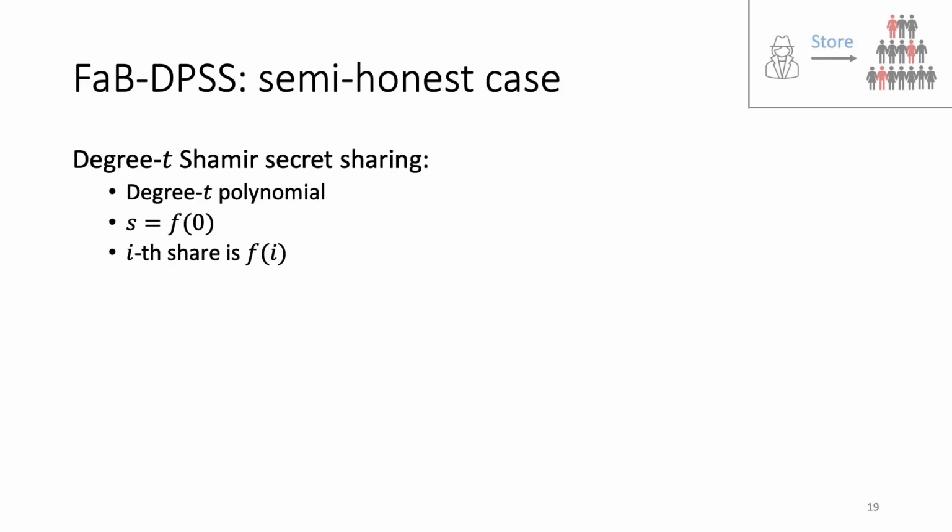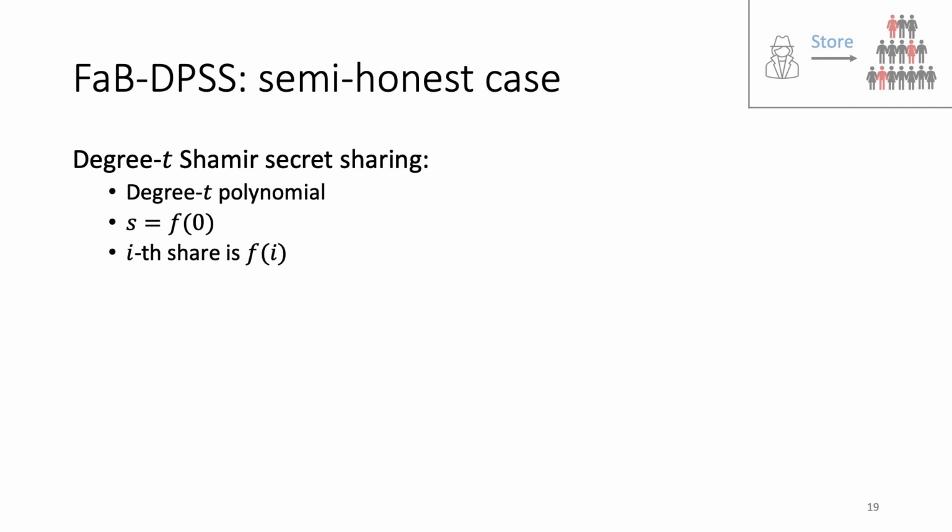I will now tell you how we're able to achieve it, and I will start in the semi-honest case, meaning that all parties for now are required to follow the protocol, but can attempt to gain some information about the secret. FAB-DPSS is based on the well-known degree T Shamir secret sharing. Essentially, you can imagine a degree T polynomial where the secret is encoded at 0.